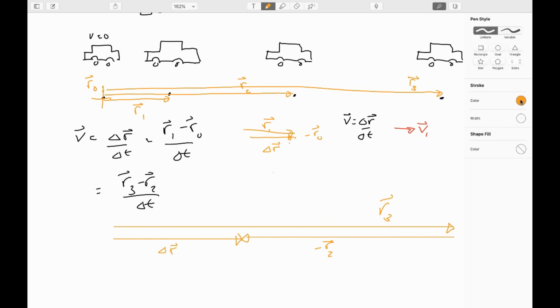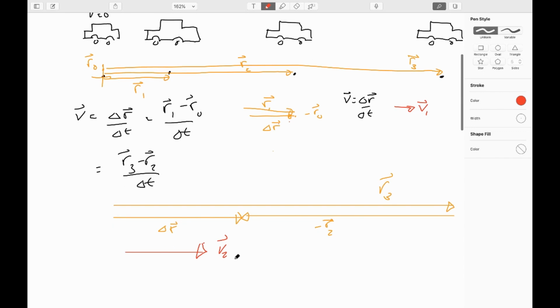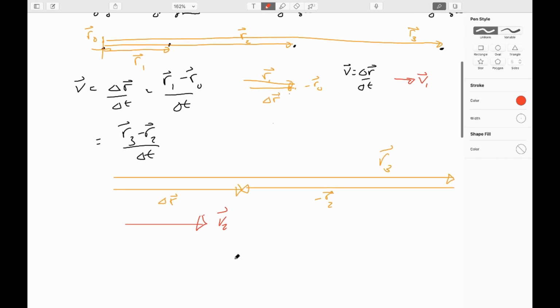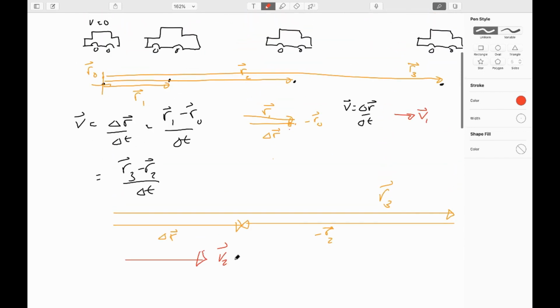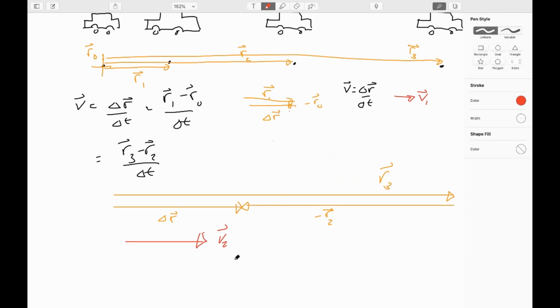And so again, our velocity will just point in the same direction, but it'll be proportionate to whatever scale we had before. So we can just go ahead and call this V2. Okay. Now if I wanted to get an acceleration, let's see here, I should probably, sorry, that's really V3, following the notation we have.